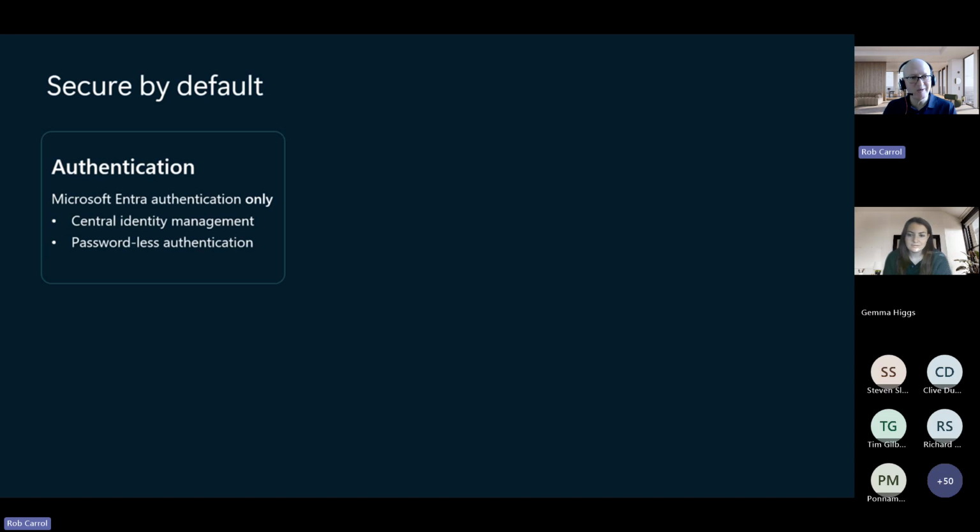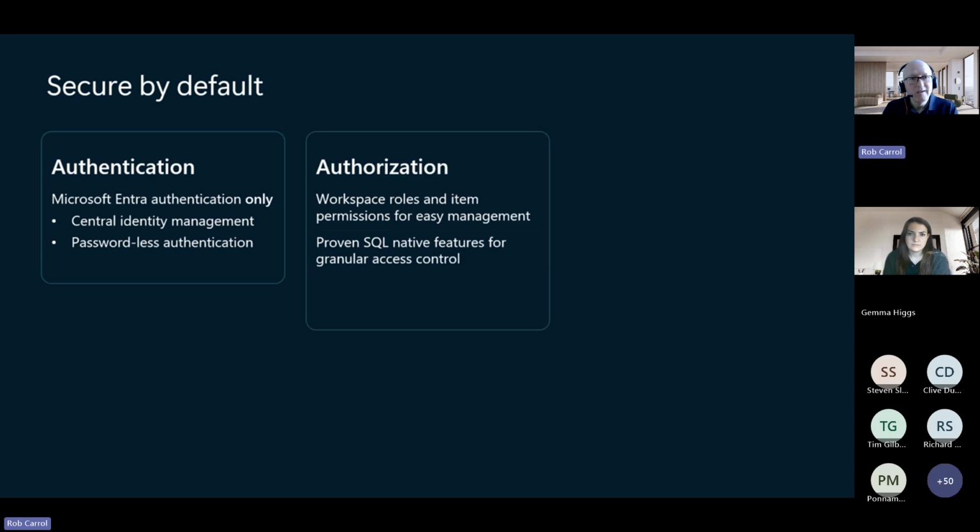If you're used to using SQL passwords, then you need to switch to using Entra authentication. And the workspace roles and permissions are managed at that workspace level as well. So you can give people access to the workspace, or you can give people access to individual databases, using the SQL native features, like create login and grant, revoke, deny permissions.